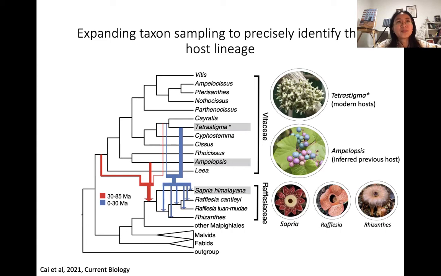So one possible explanation is that prior to the association between Rafflesiaceae and its current modern host, Tetrastigma, the ancestor of Rafflesiaceae was parasitizing Ampelopsis, or its close relative.